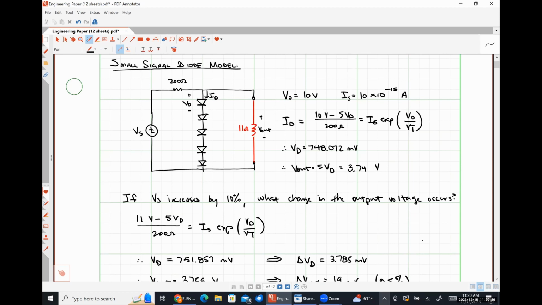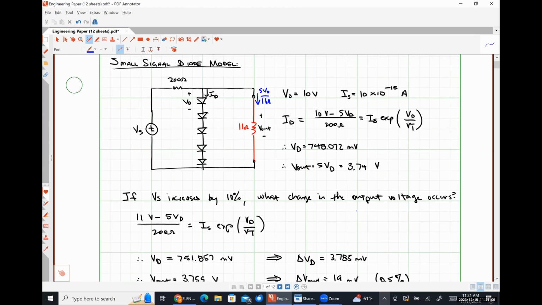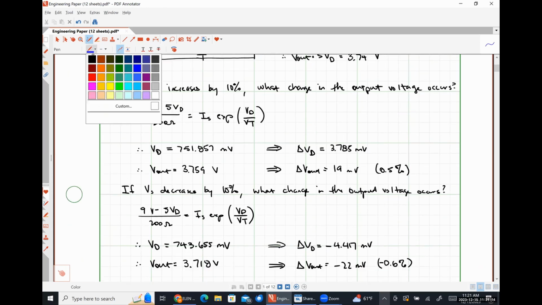So think about things here. Effectively, we're going to have another current, a resistor current over here on the right, that's going to be 5 VD divided by 1 kilo ohm that we need to take into account. So applying Kirchhoff's current law at this node is going to give us the relationship.